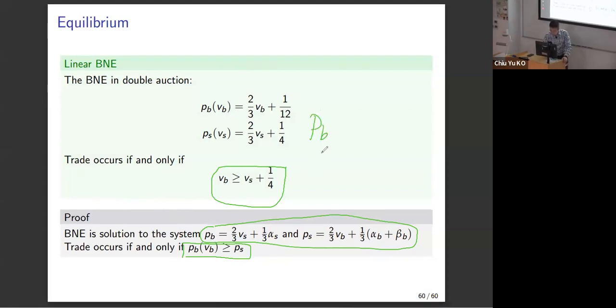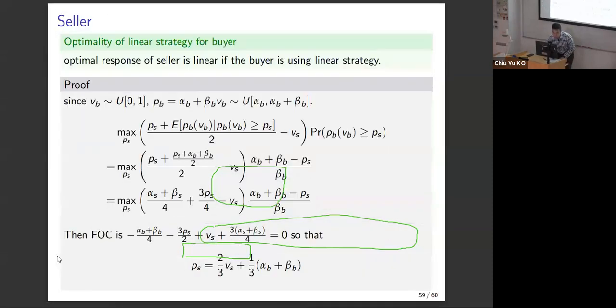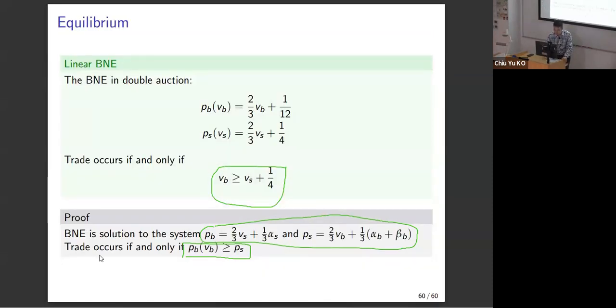PB is what? Let me go back to here. We say PB is alpha B plus beta B V B, and PS is alpha S plus beta S VS.